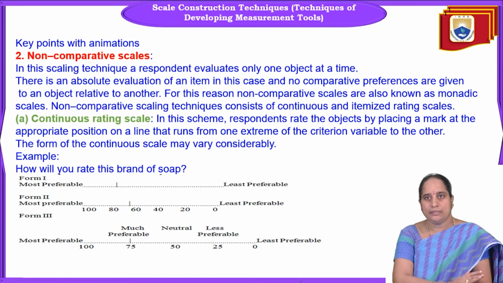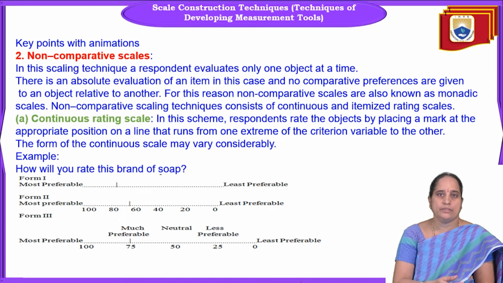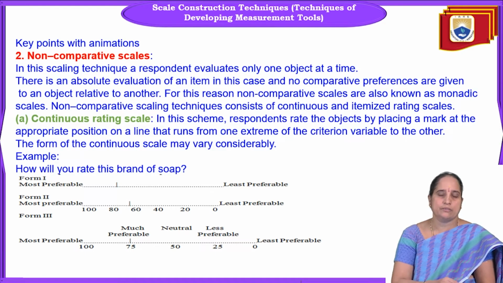All the three methods we discussed previously fall under the category of comparative scales. Whereas in non-comparative scaling, a respondent evaluates only one object at a time, so you cannot measure multiple objects.